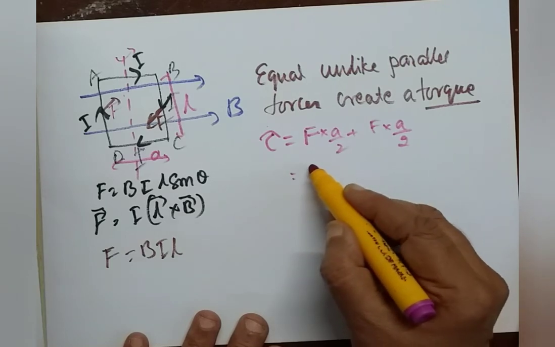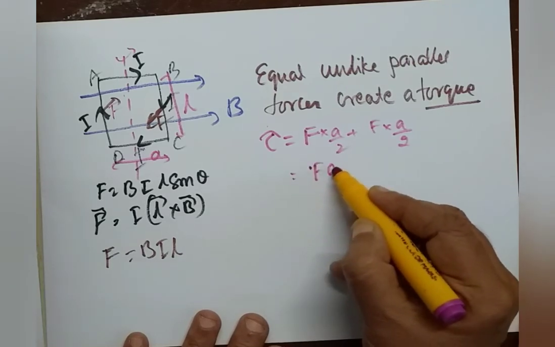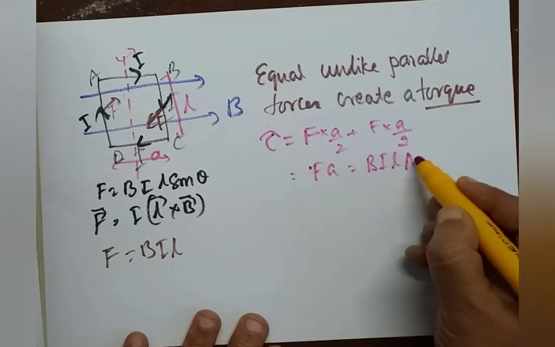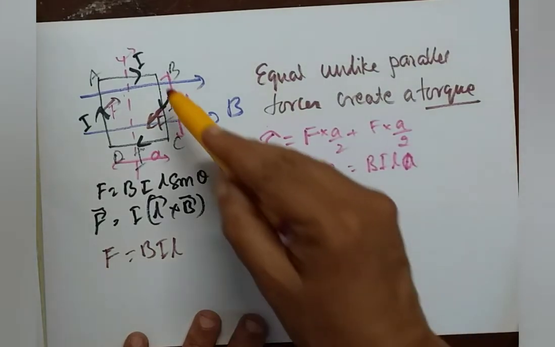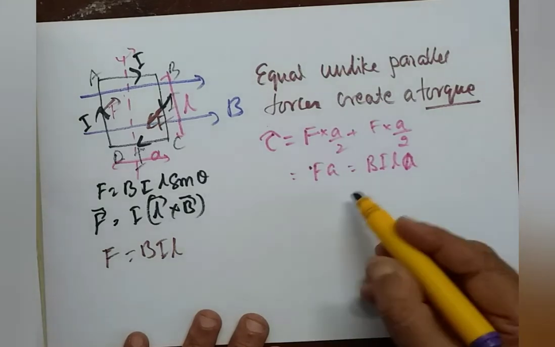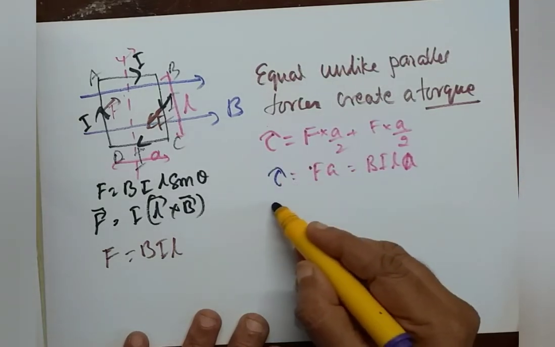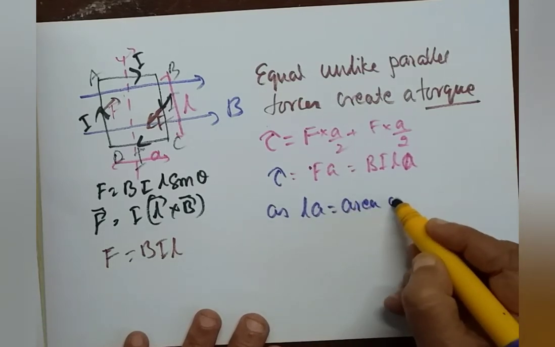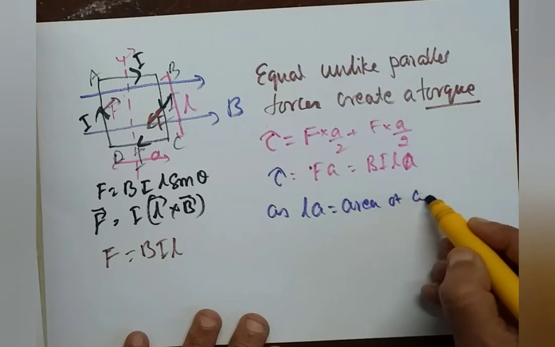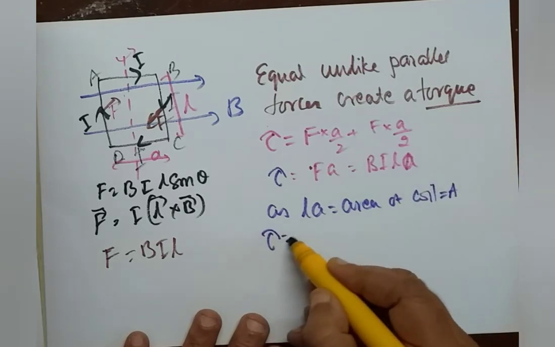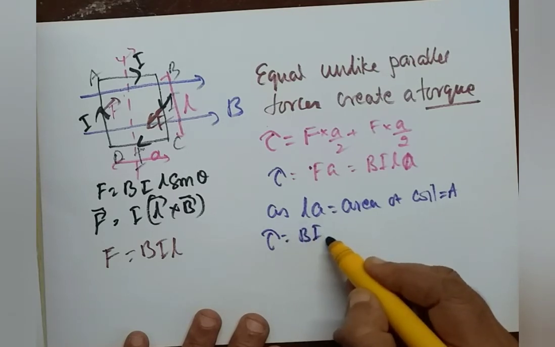Therefore, we write F into A after adding. F is BIL into A. L is length and A is breadth there. L into A is area of the coil, which is A. Therefore, torque can be written as BIA.